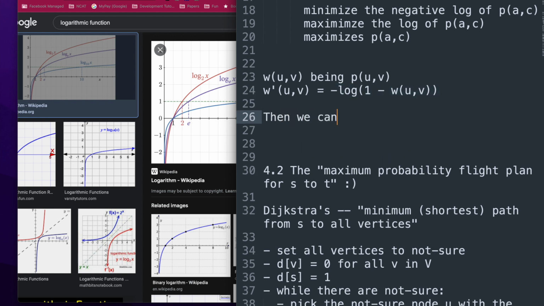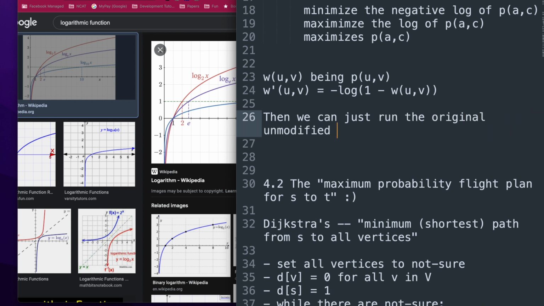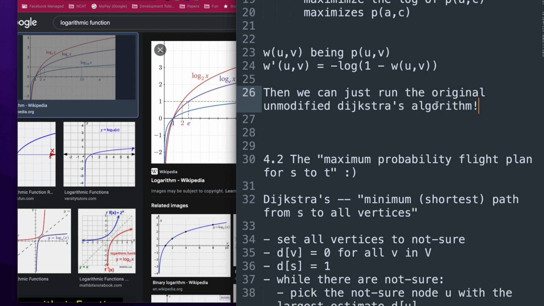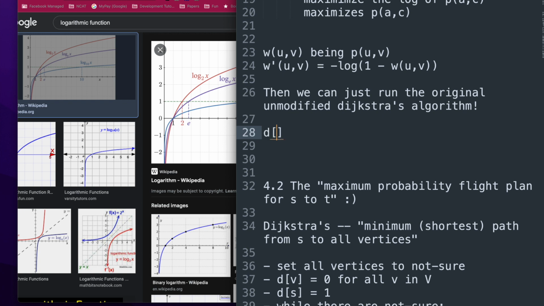Then we can just run Dijkstra's algorithm, the original unmodified one. You can run it directly on this graph, and dv is going to be the shortest path. So you're still going to look at dt, the shortest path from S to T, right?